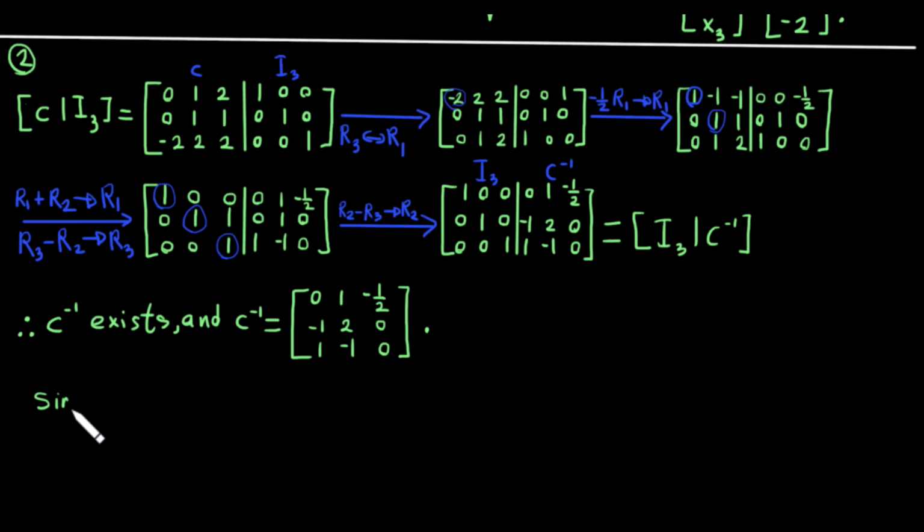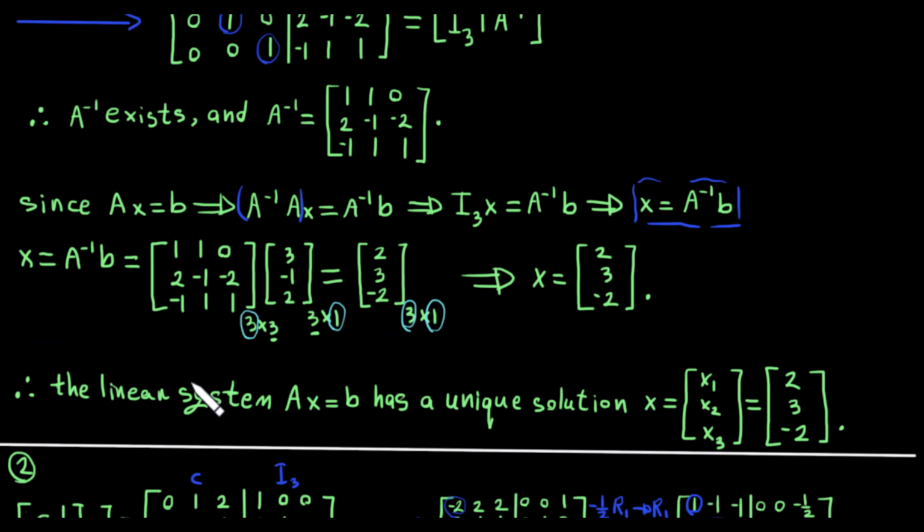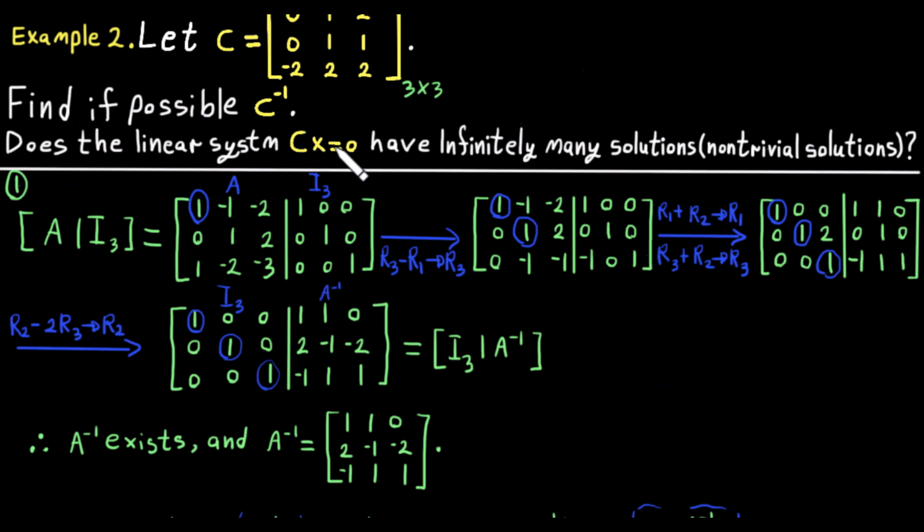Since we have Cx equal to 0, if we go up, we can see that we have Cx equal to 0. They want to find the solution, so we have to multiply from the left with C inverse because it exists.